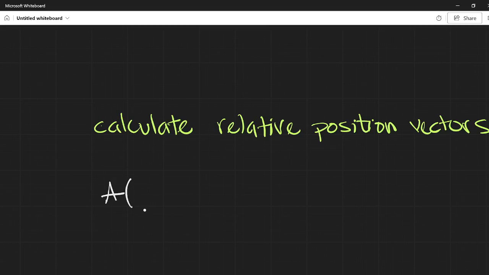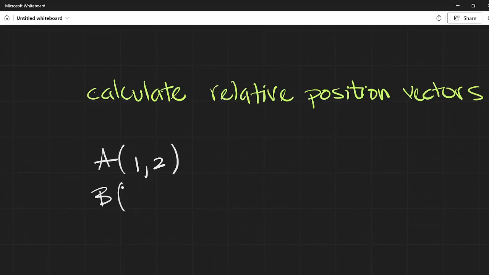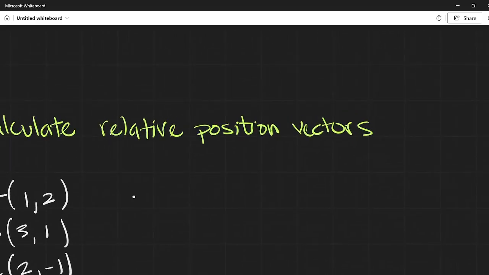All right, so let's just start with our points. We've got point A at (1, 2). We've got point B at (3, 1). And we've got point C at (2, -1). Okay. Start with AB. So the vector RAB is just RB minus RA.